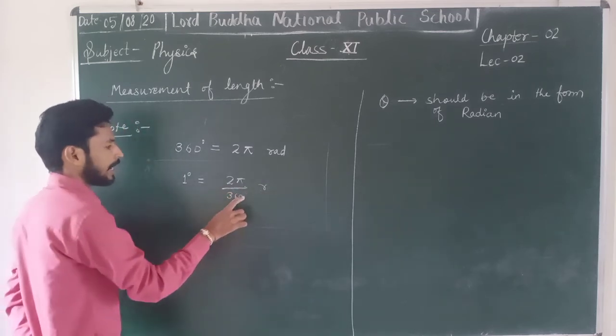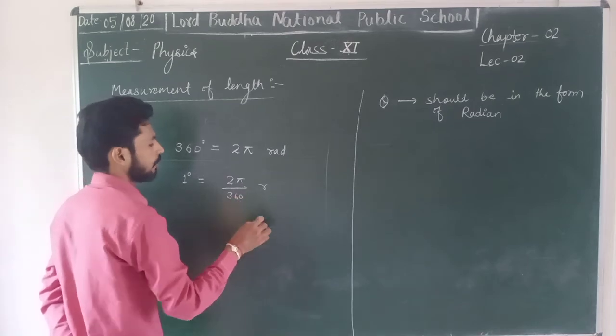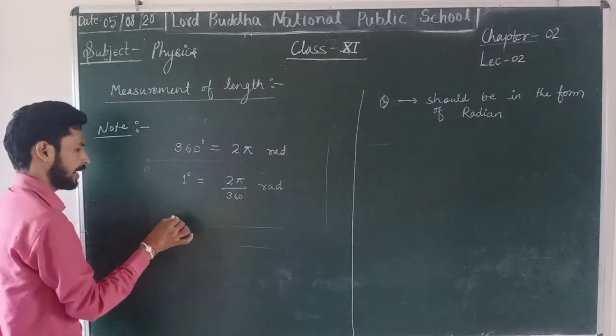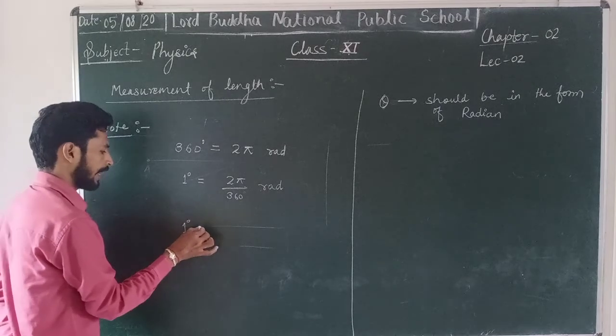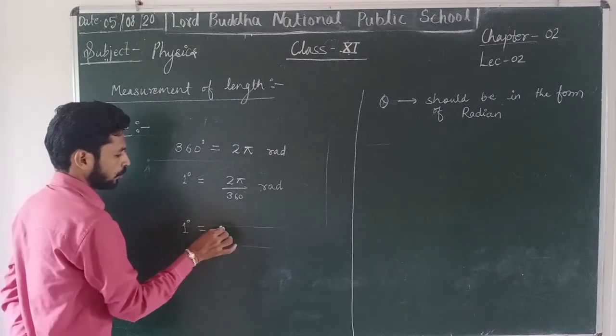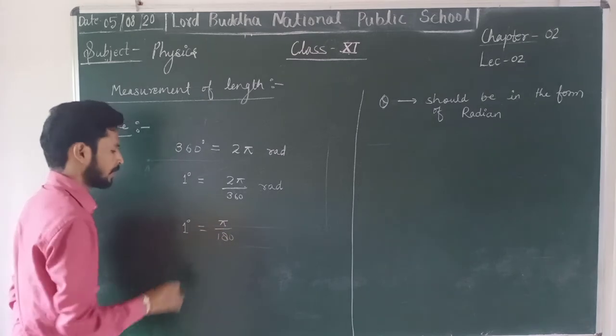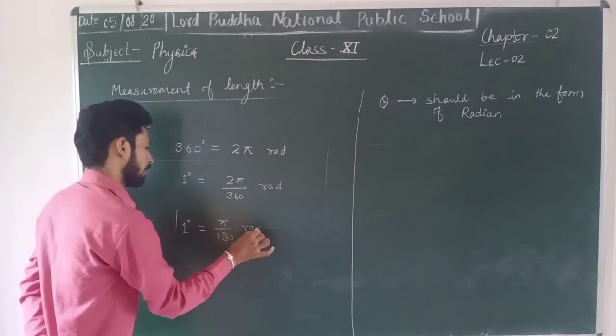Here you will not put the degree sign, directly write 360. So this will be in the form of radian. So 1 degree angle will be equal to pi upon 180 radian.